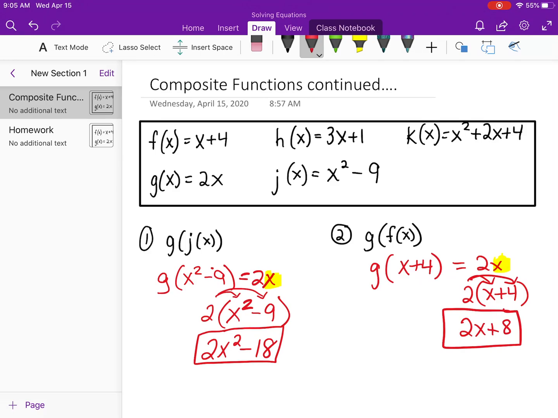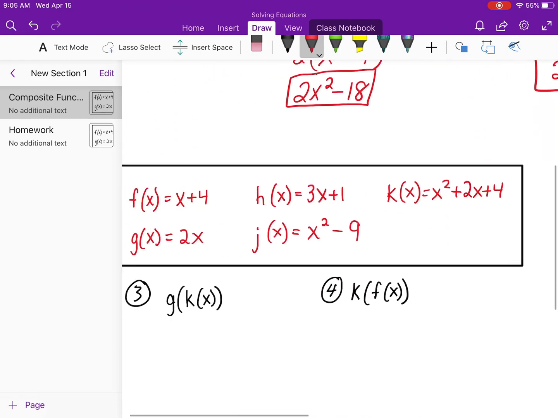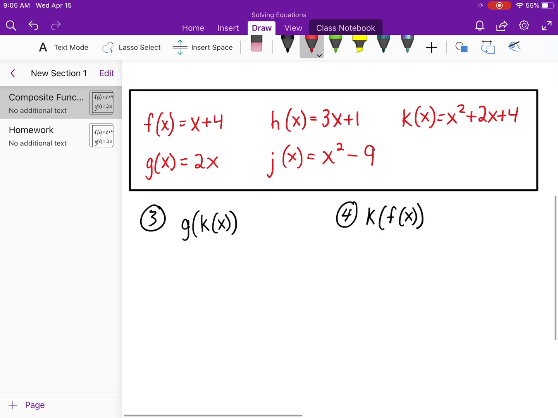Okay, let's look at a couple more problems. I don't know why it changed to red, but those are the same exact 5 functions we have here. So now these ones are a little bit more difficult. I have g of k of x, so work from the inside out. K of x, oh, that one's a trinomial, so we've got g of x squared plus 2x plus 4.